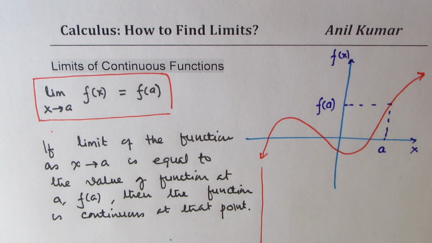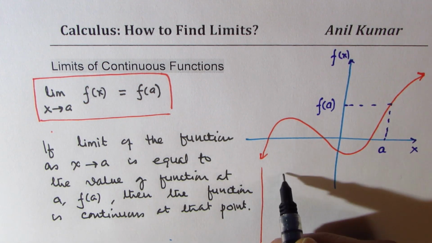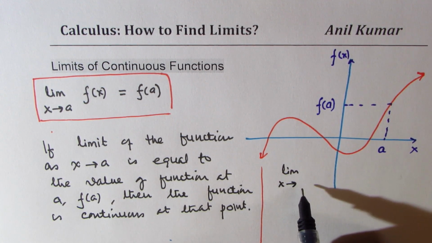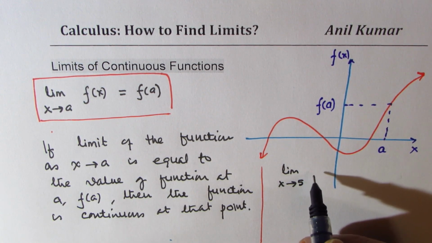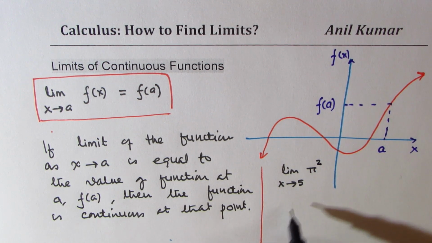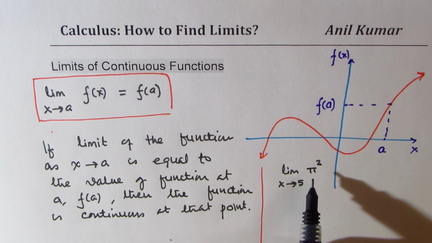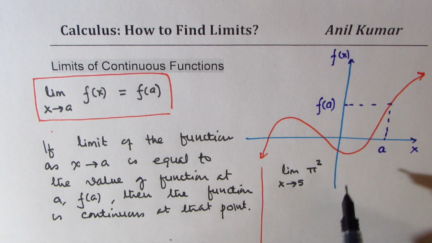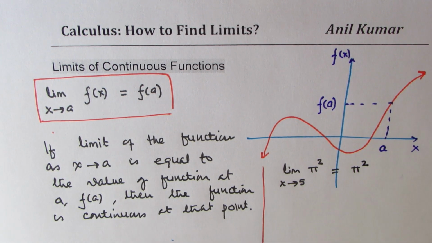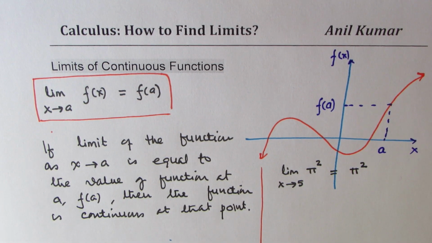Some questions which you can see in the test paper could be to find limit of function as x approaches, let's say 5, and the function is pi to the power of 2. Now pi is a constant, so the value here will be pi square. So it's just a constant function, right? So constant functions are also continuous functions, correct?